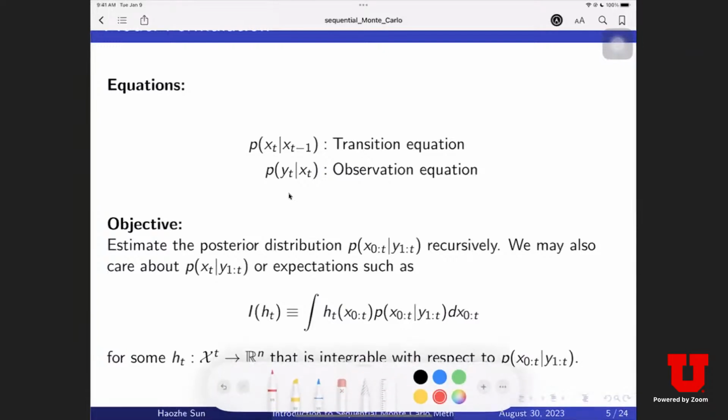There is a function ht from xt to Rn, and it is integrable. It may be any function with respect to p. Does that make sense? Yeah.